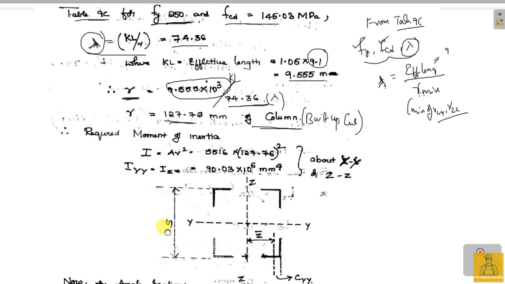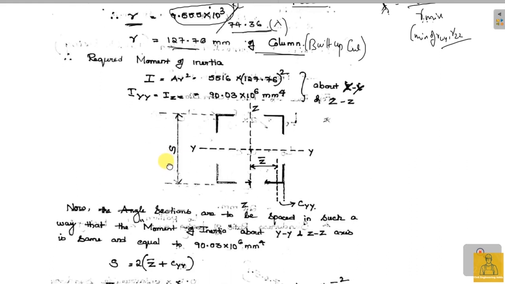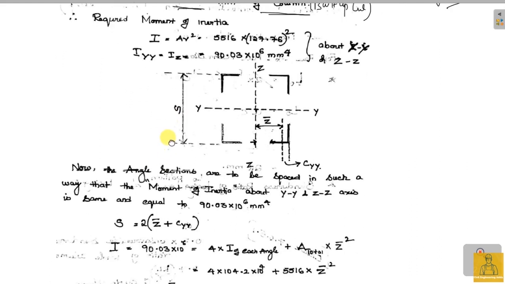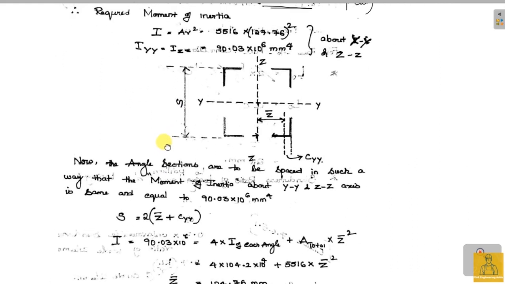So I told you that we are going to check for this column, and the other important thing we have seen earlier is that you have to find out what spacing is required between each and every angle section. In the previous problem we used two channel sections to build a built-up column, and I told you it is important what the spacing between these two channel sections is.